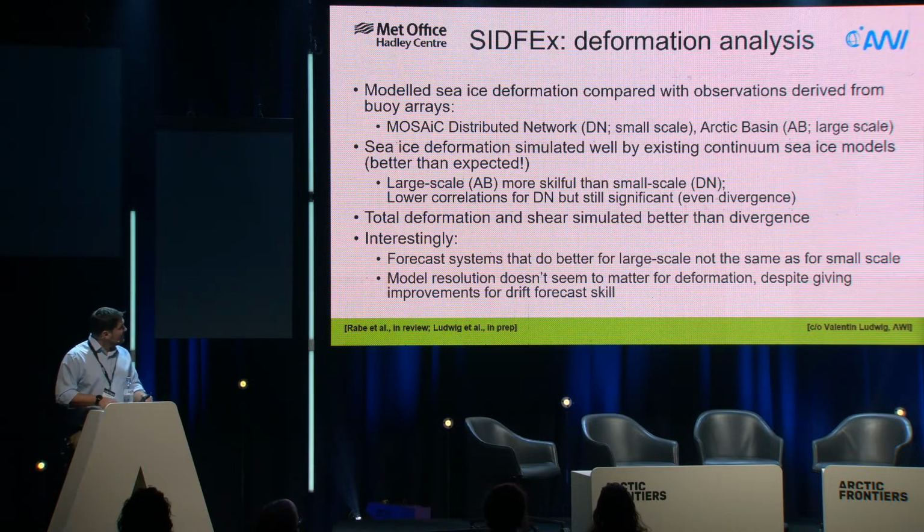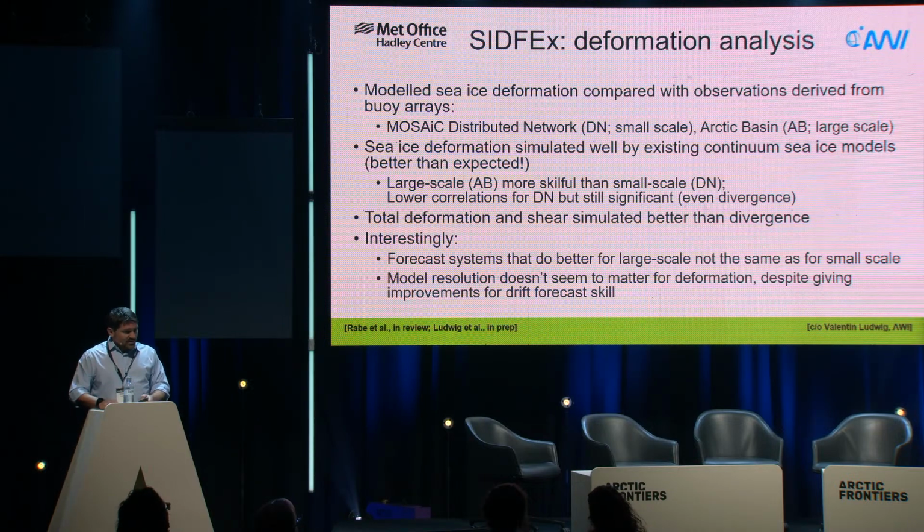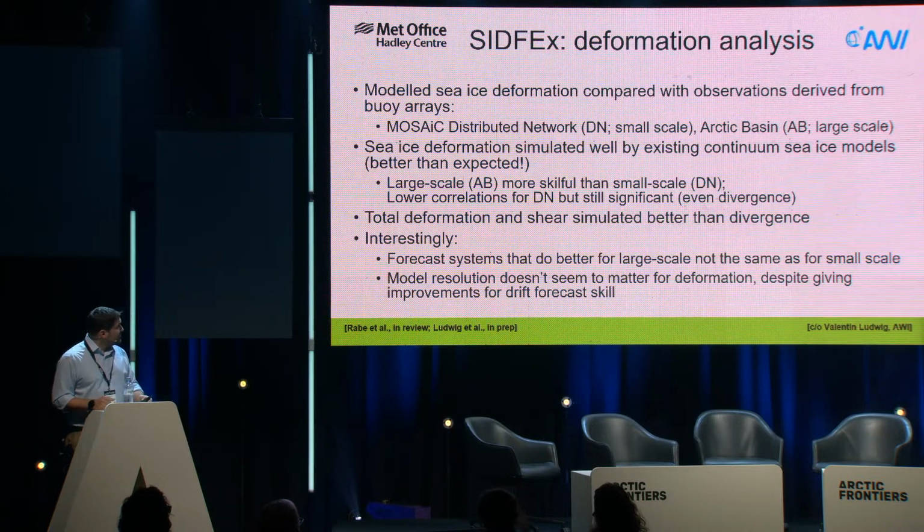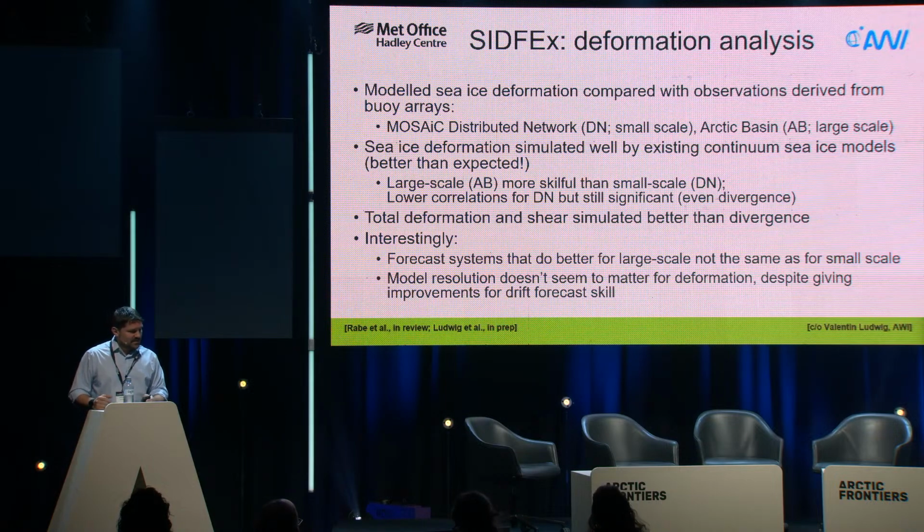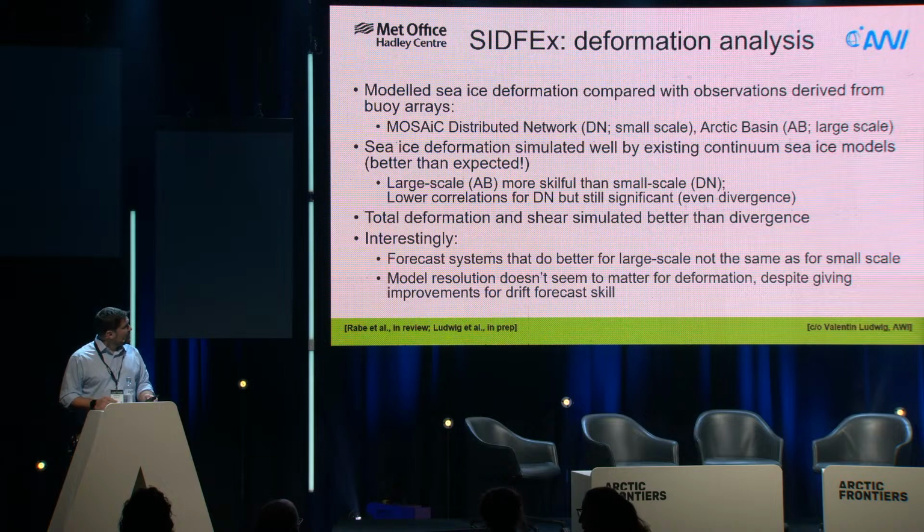So a little bit about that deformation, just a reminder, summary. We've compared the observations with deformation that we've derived from the actual movement of the buoys. The models are doing a bit better than we'd hoped and expected, particularly at the large scale, which is a bit more skillful.